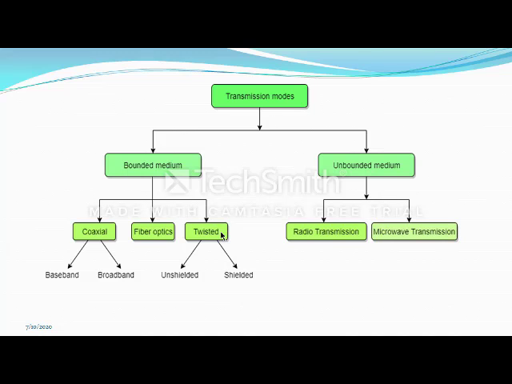The cable which we use to connect the TV to the antenna is a twisted cable, that is, a two-pair copper wire.